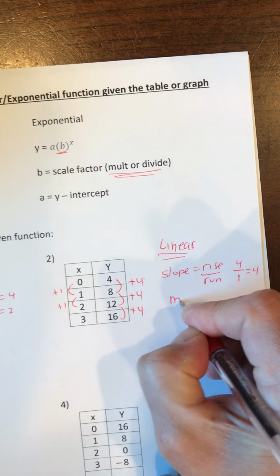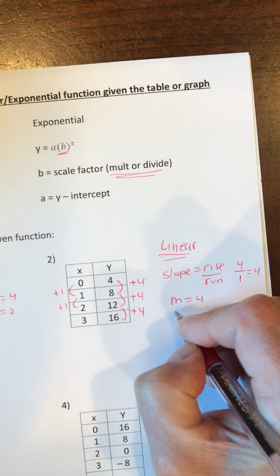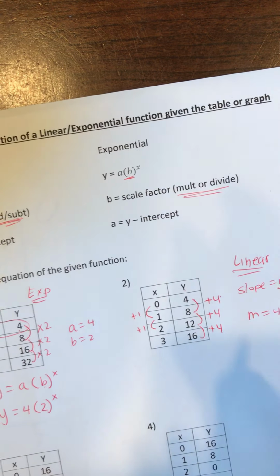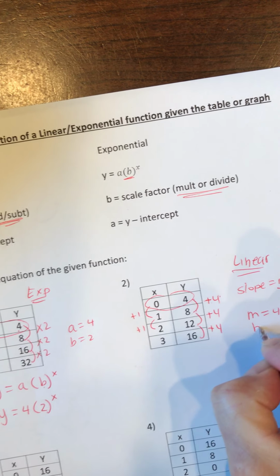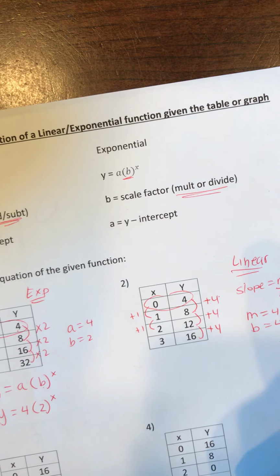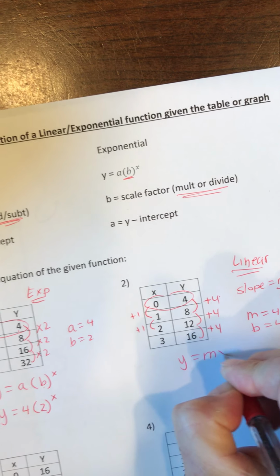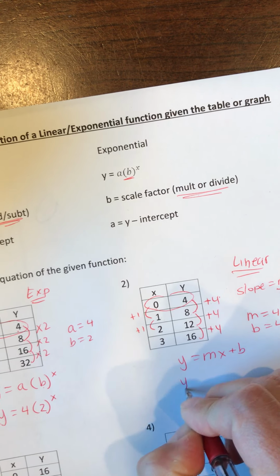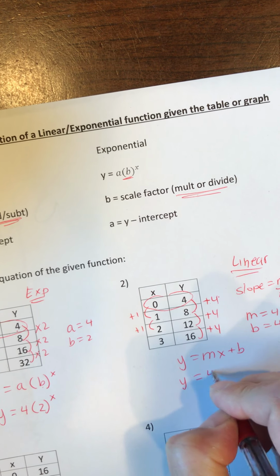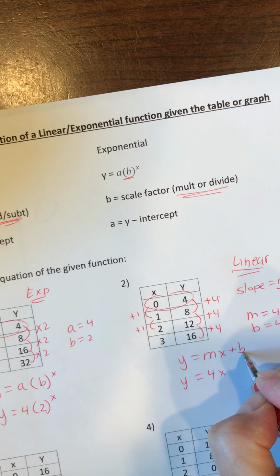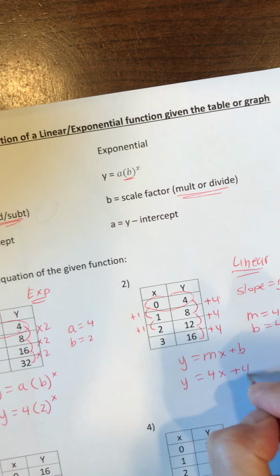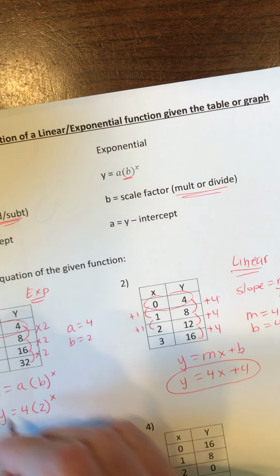That tells us m equals 4. Your b is your y-intercept, which on this is 4. So we go y equals mx plus b, where m is our slope, 4 times x. B is our y-intercept, which is 4. Y equals 4x plus 4.